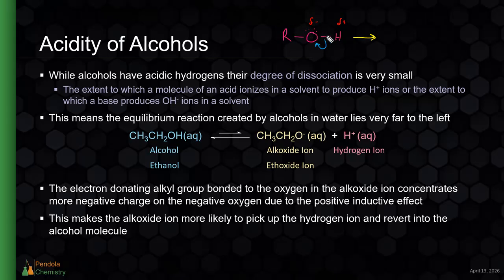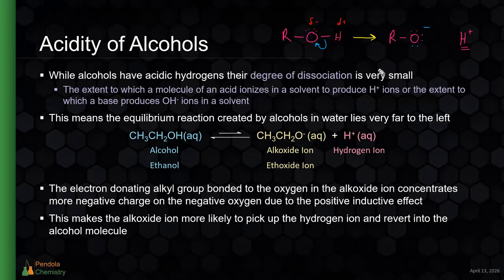When this bond breaks, like in any acidic reaction, the electrons go to the oxygen, giving us our O with its two original lone pairs, and now because the OH bond broke heterolytically, both of the electrons in that bond go to the oxygen, giving us an O minus ion, and on the other side, the H plus that it gives off. This is what makes it acidic, right? The fact that we're creating H plus, the hydrogen ion.